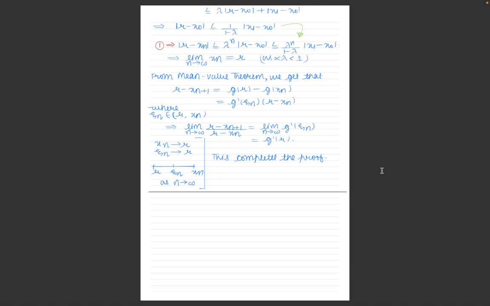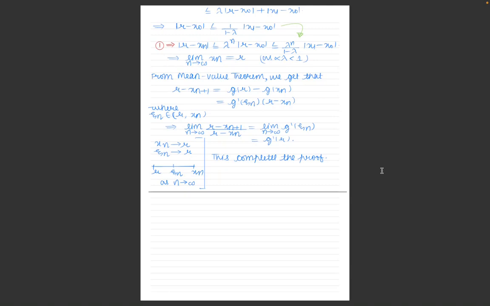And you see, as n goes to infinity, xn converges to r, which means xi n will also converge to r, right? Because see, this lies between r and xn.